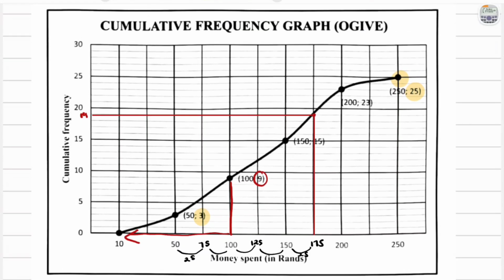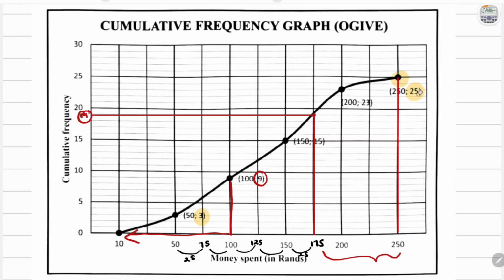So to find that, we're going to look at this. Since 19 tells us only the learners who spent 175 or less, we're going to go beyond this. By going here, we're trying to look for the learners who spent more than 175 Rand. The highest they could have spent is 250. So since we know that the highest amount they could have spent is 250, we can just go ahead and take this.